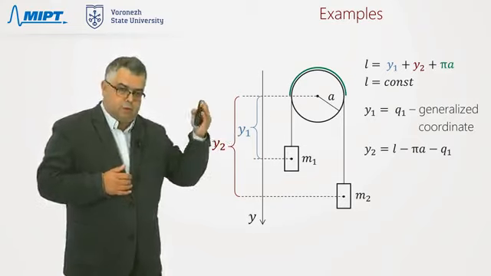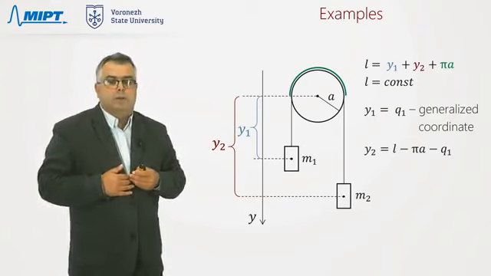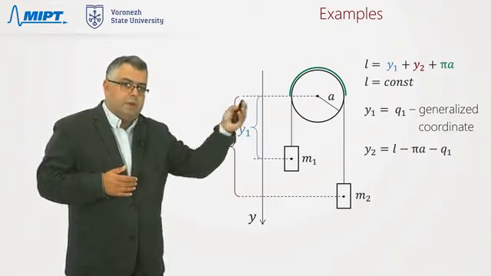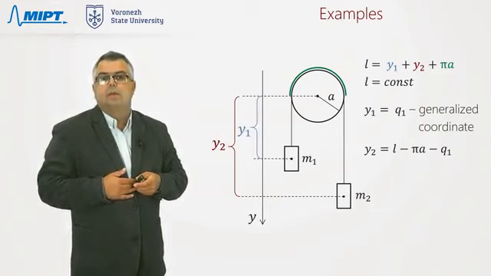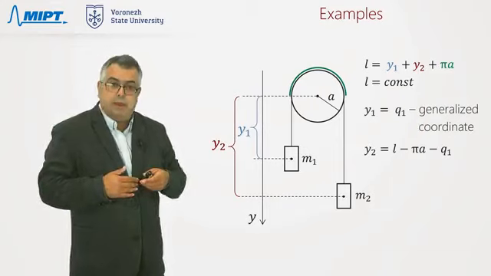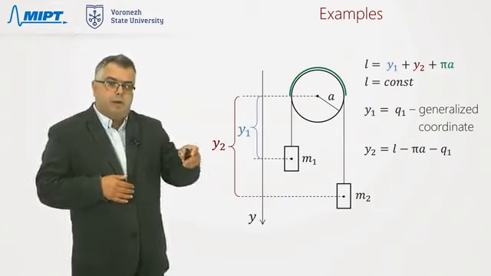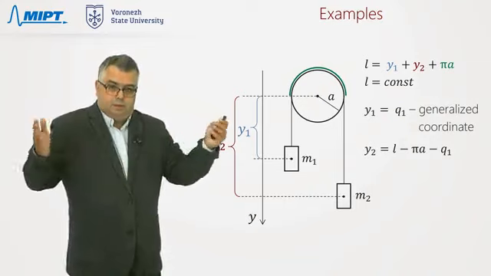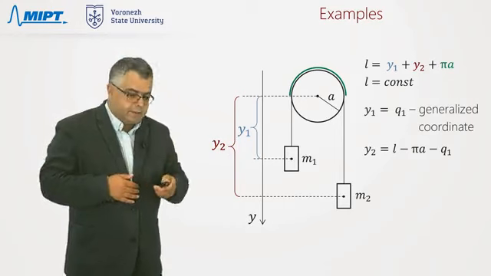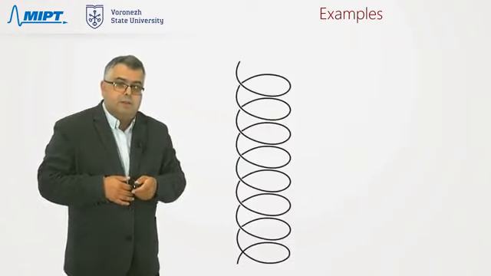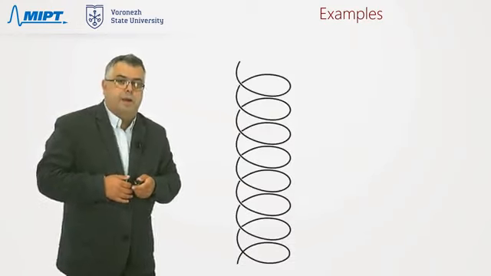If we find, let's say, y1, then by using the constraint L equals y1 plus y2 plus pi multiplied by a, where a is the radius of this circle, we can find the second coordinate.